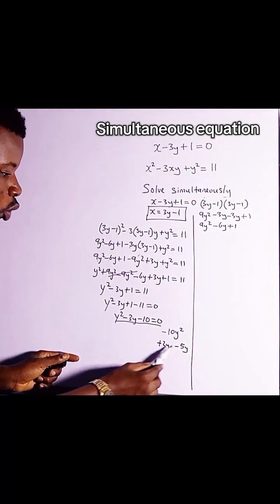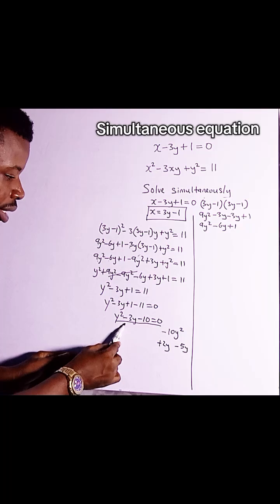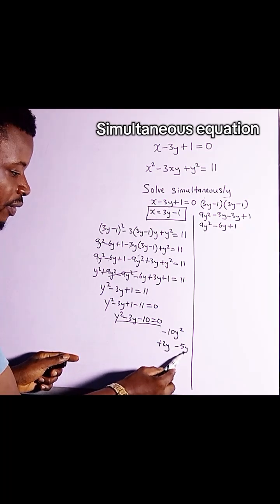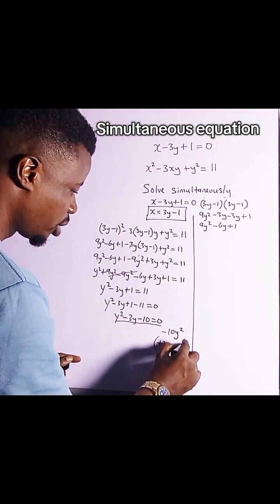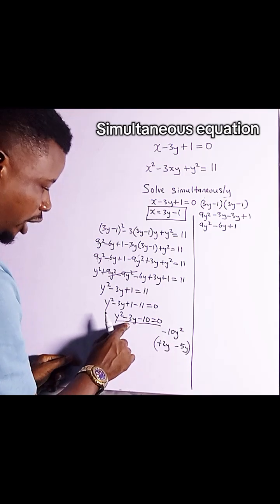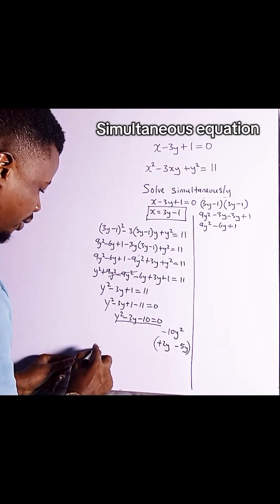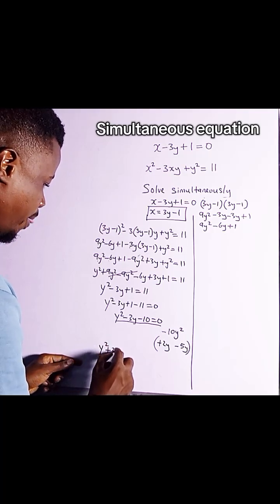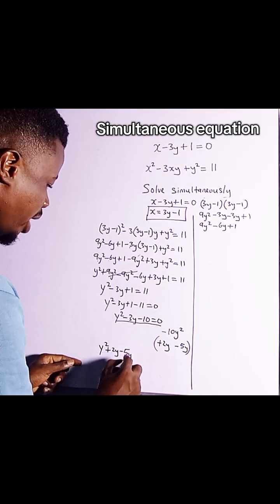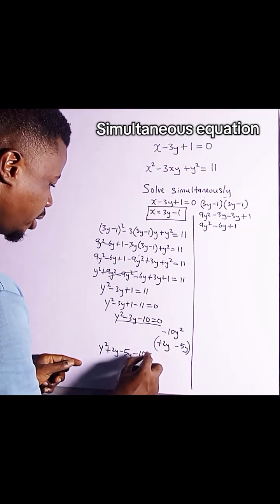You can see plus 2y minus 5y will give you minus 3y, but plus 2y times minus 5y will give you minus 10y squared. So we can substitute this term for minus 3y. What do you have? You have y squared plus 2y minus 5y minus 10 is equal to 0.